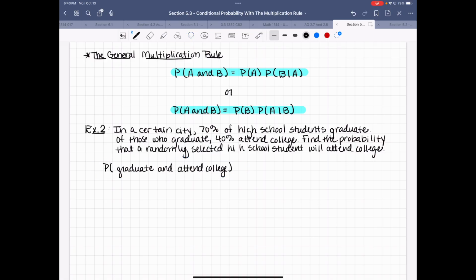And we have the probability of all of those, right? So this really equals the probability that a student graduates times the probability that a student goes to college given that they graduated.